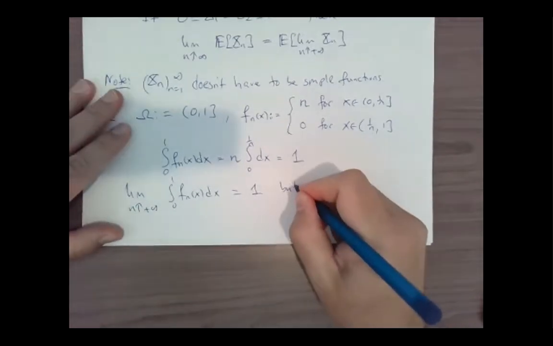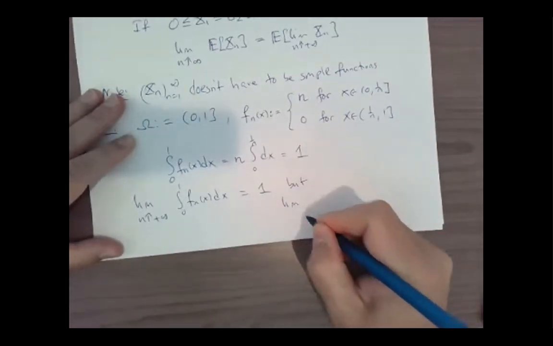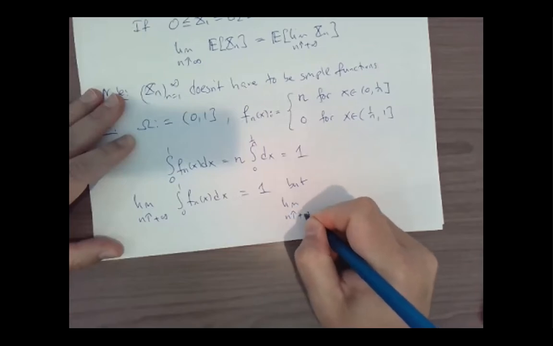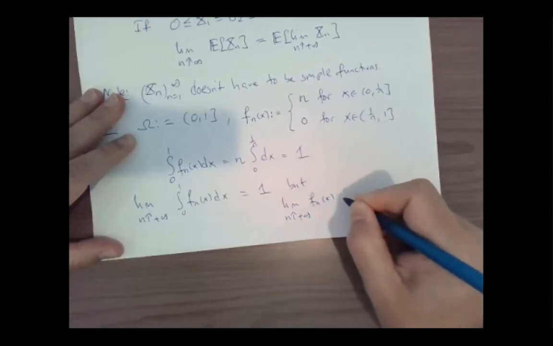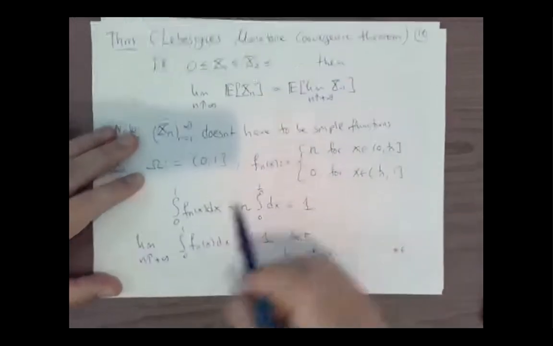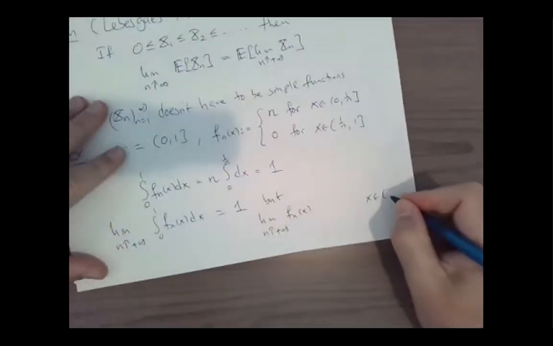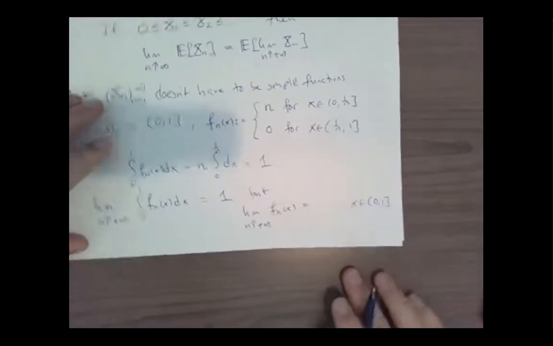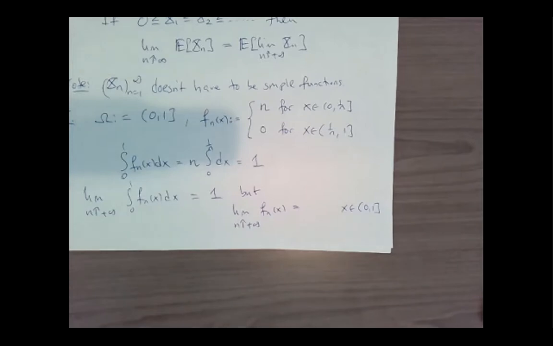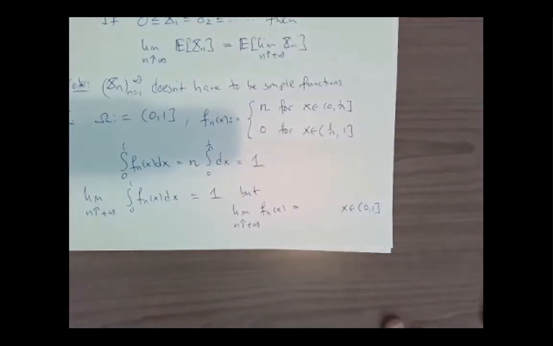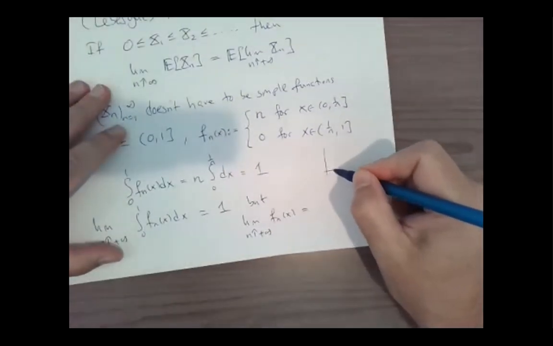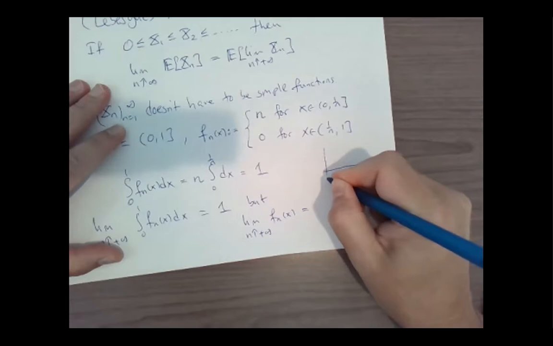But if I look at the limit as n goes to infinity of fn of x, and if I pick an x here in my space, 0 to 1, what would this be? Well, what's going to happen is, this is my 1, this is my 0.